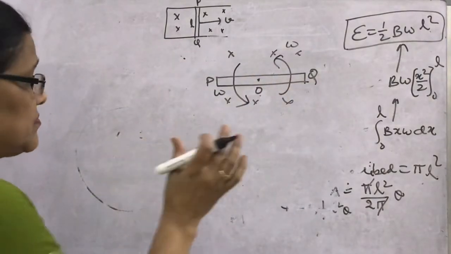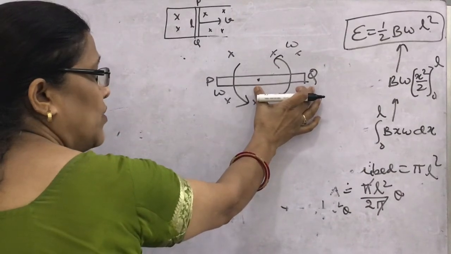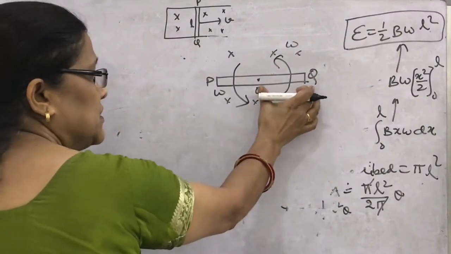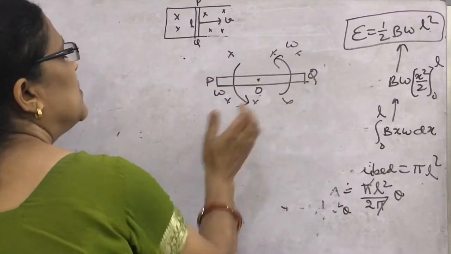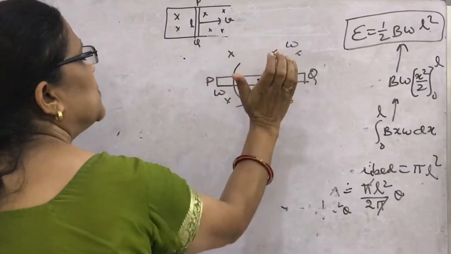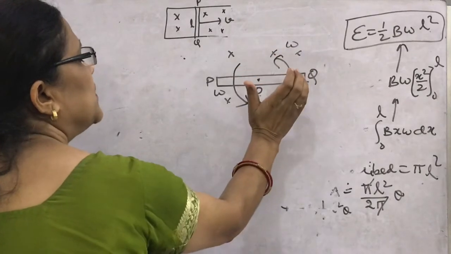Can you tell? Look here, for the end OQ, of length L by 2, this end is moving upward. So O will be at the positive terminal.